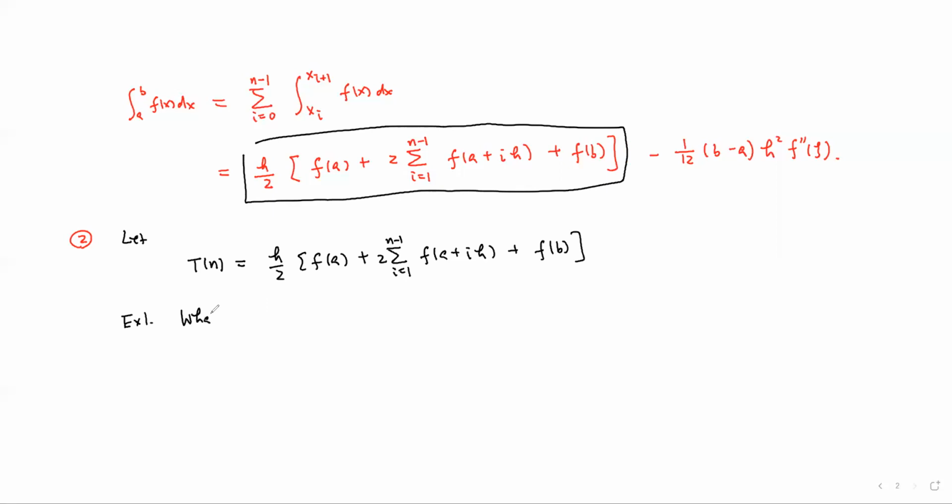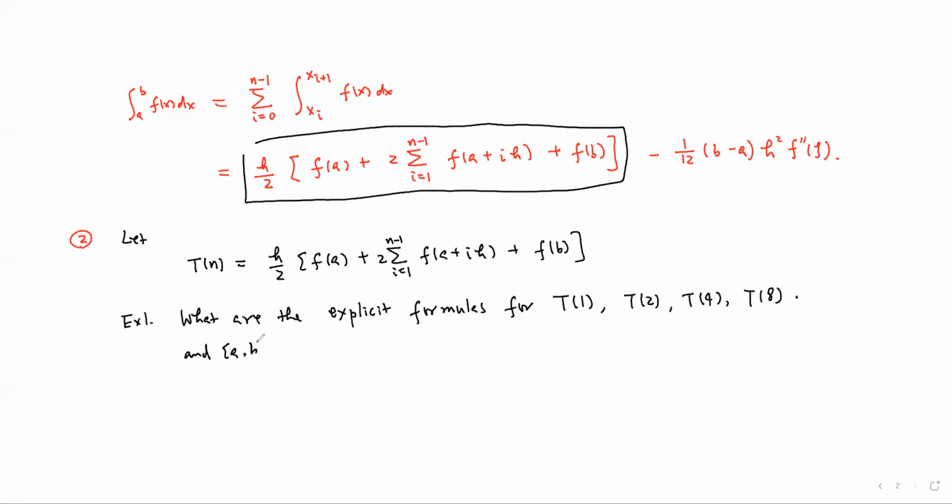What are the explicit formulas for T1, where n is 1, T2, T4, and T8, with the interval AB from 0 to 1?